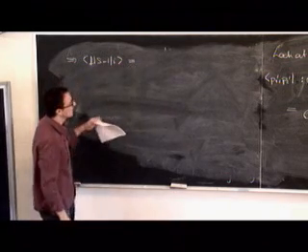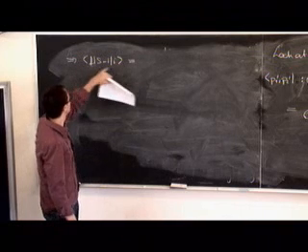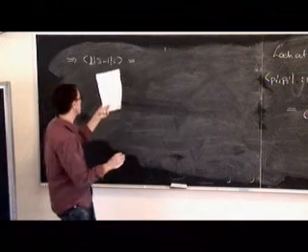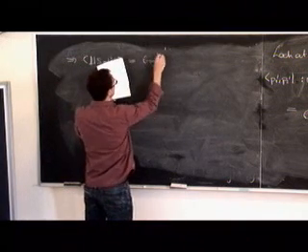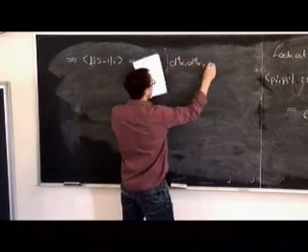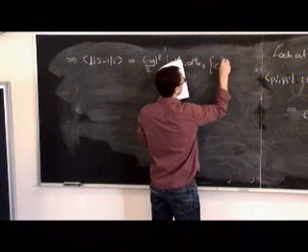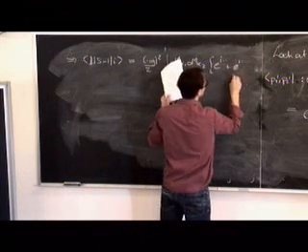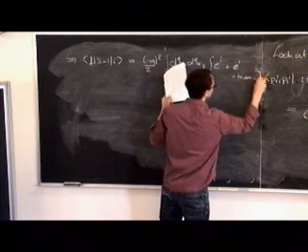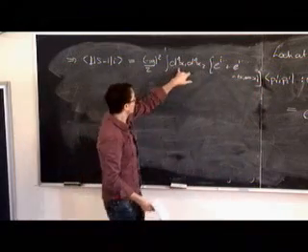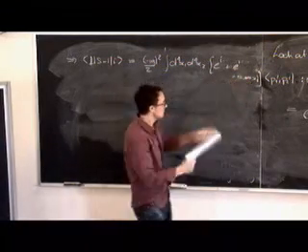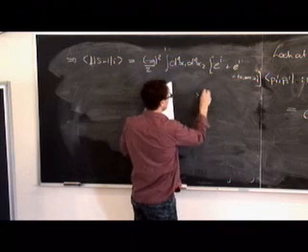So plugging all this in, if we compute the amplitude for this initial state to go to the final state at order g squared, what we get is minus i g squared over 2 times the integral over d4x of all of these exponentials plus the x1 minus x2 times the propagator.